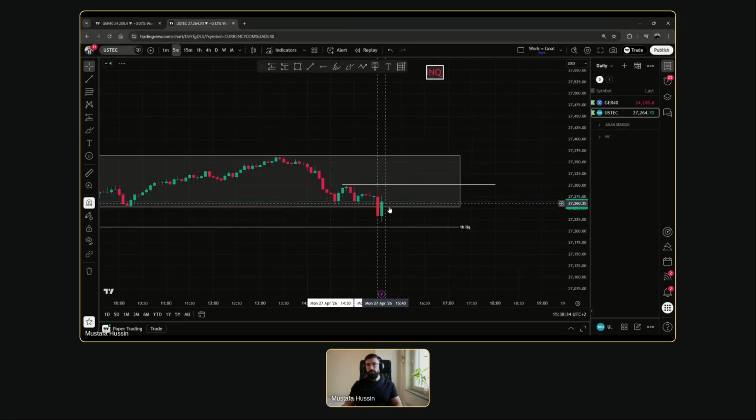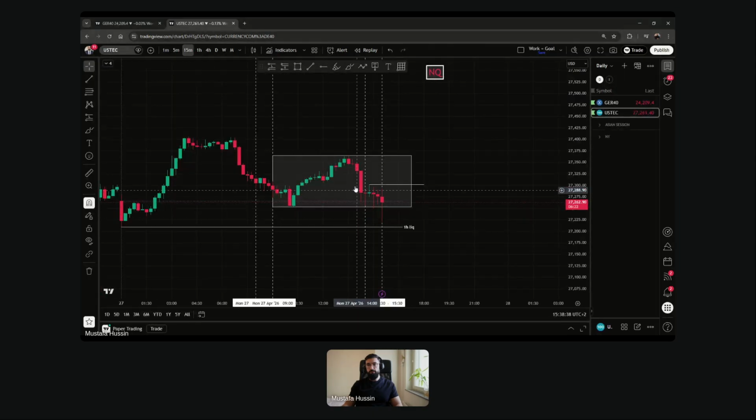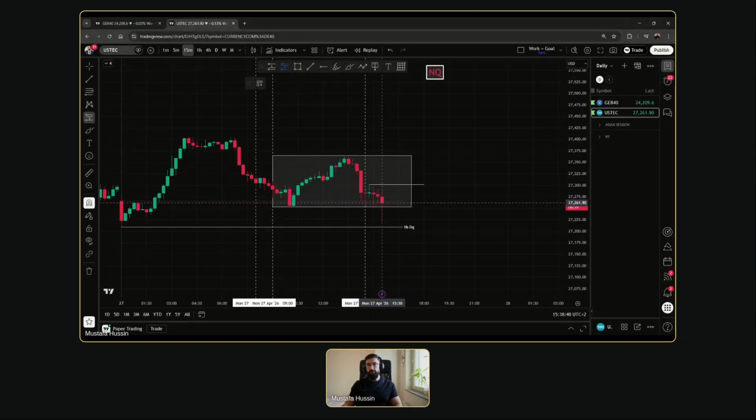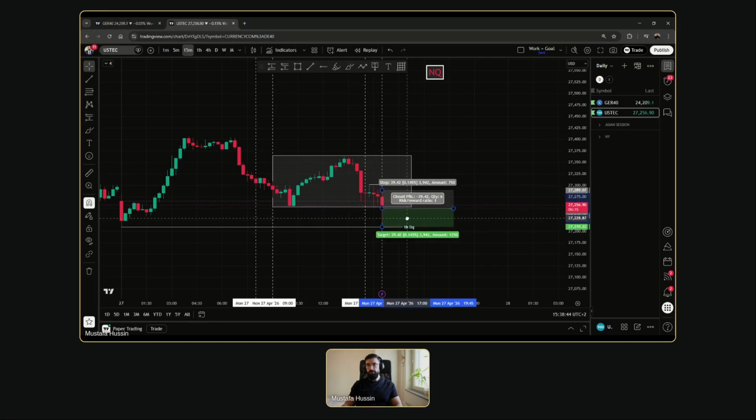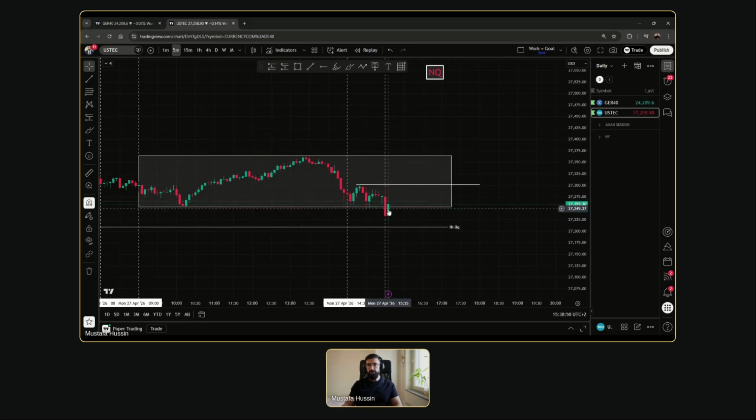This is the reason why we wait for the 15-minute candle. Some entered before the 15-minute candle closed, but we are waiting for the 15-minute candle to close underneath this area, because the 5-minute candle looks very promising.